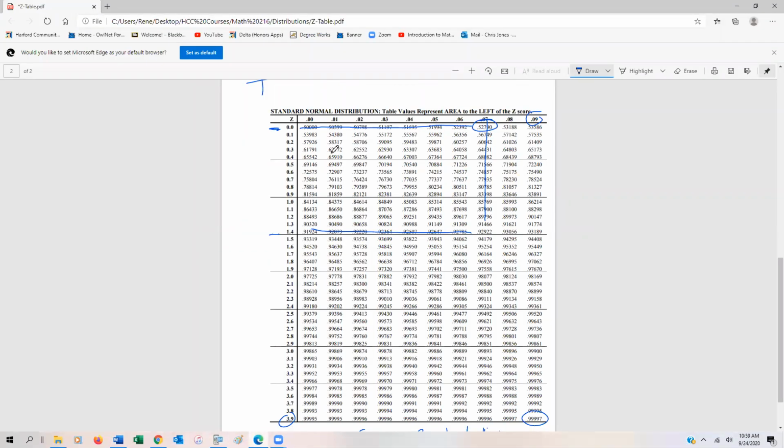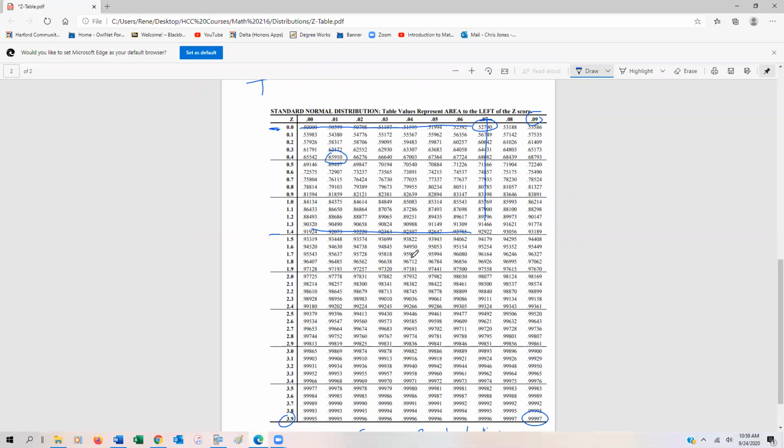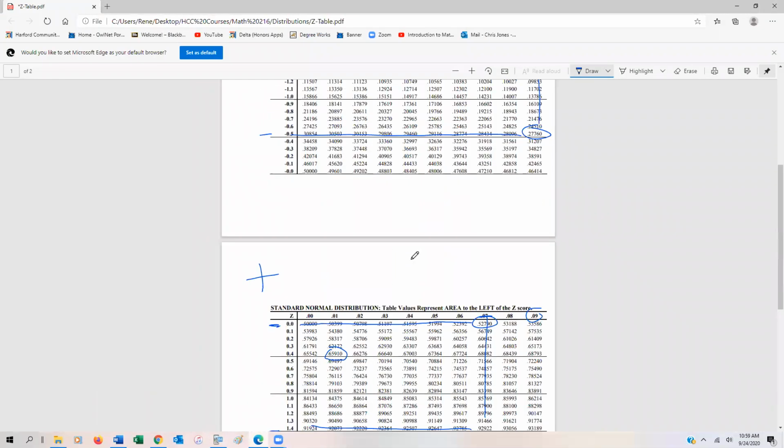In our z-table, we have 0.41, 6591. Technically 65910, but we can just say 0.6591. Then let's go to negative 0.24.